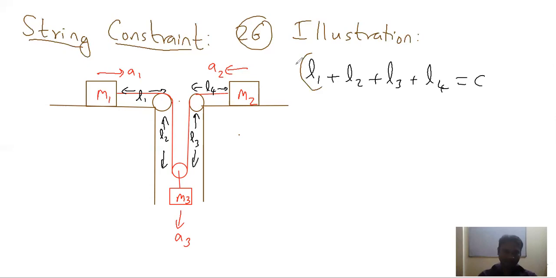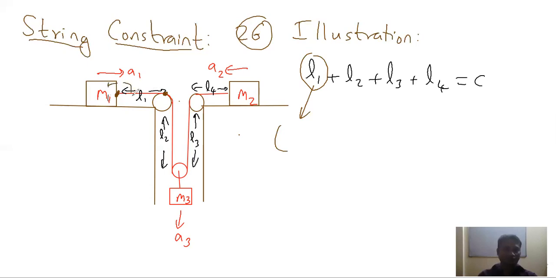For length L1, let us consider the endpoints. These are the two endpoints of L1. At this endpoint, this mass M1 will move in the right direction, so the length of the string L1 will decrease.